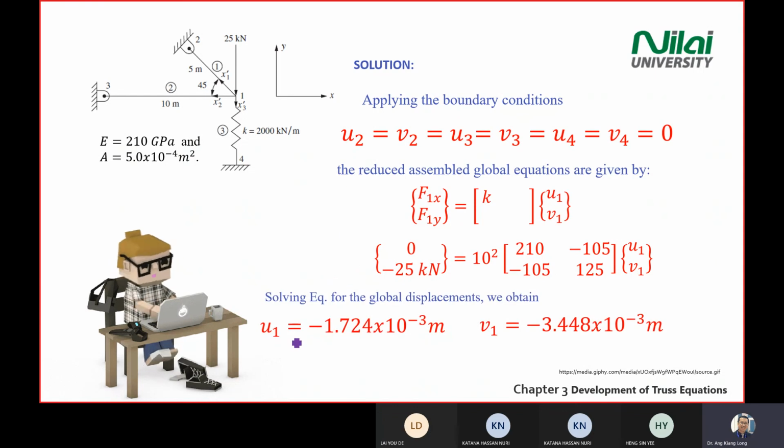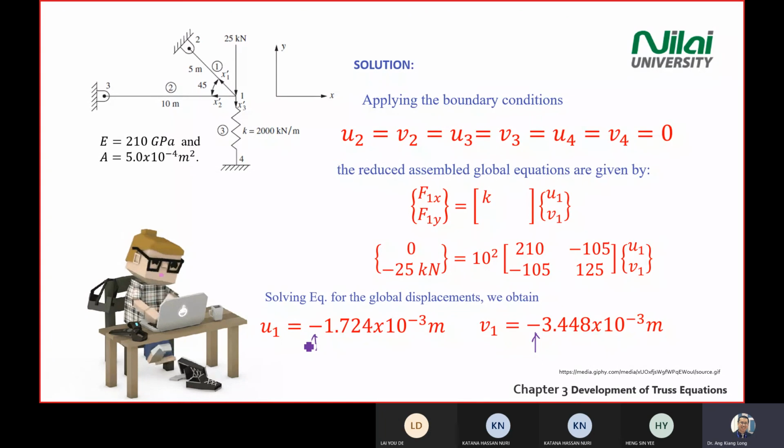So you'll get what is your U1 and V1. So again, you get a negative sign. Expect that the question sometimes will ask you to explain the direction of the movement, the direction of the displacement. So in this case, you get a negative sign for U1 and V1.